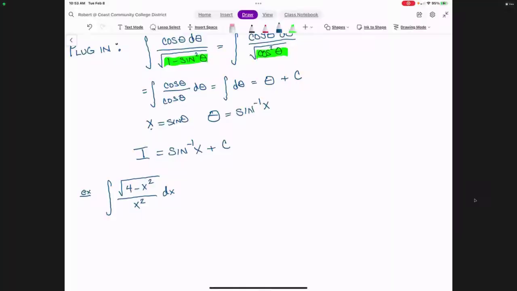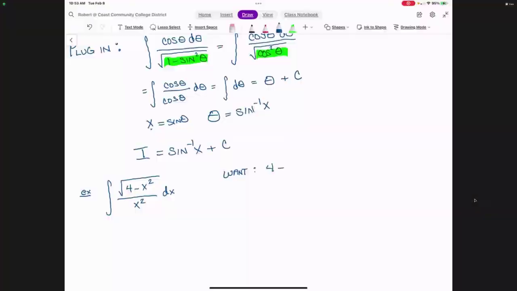Okay, so what we want to have happen is for 4 minus x squared to equal 4 minus 4 sine squared x. So in order to get that, what do we need to do? We need to let x equal to 2 sine x.